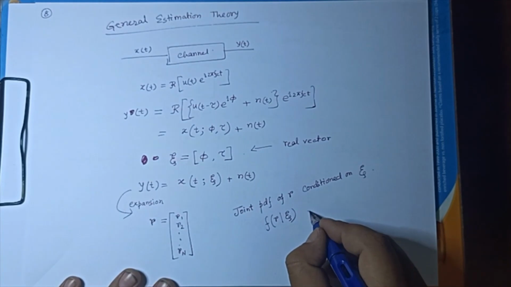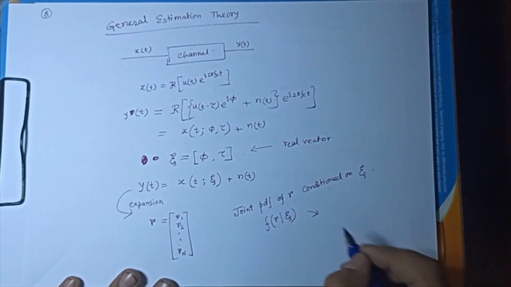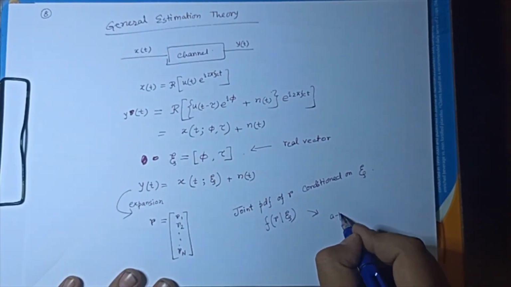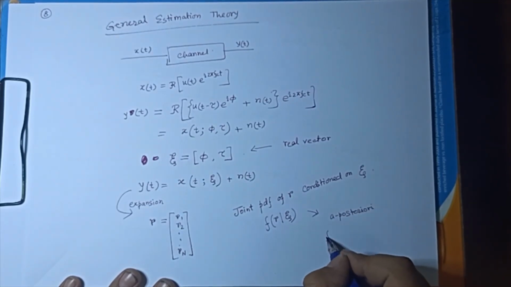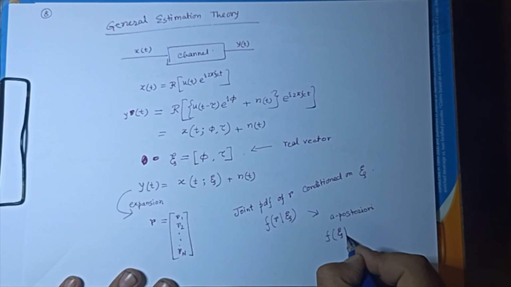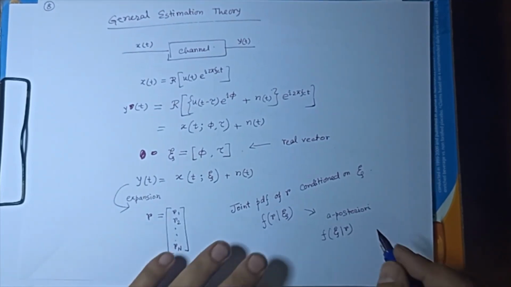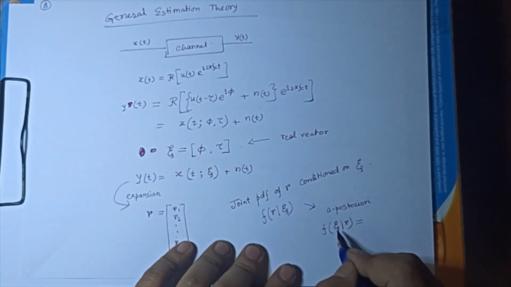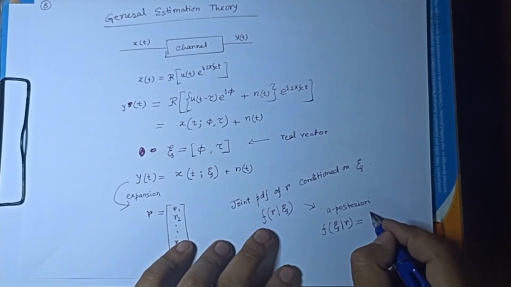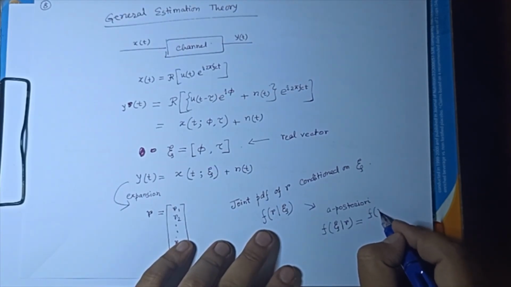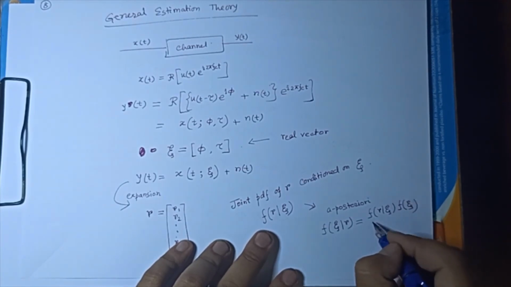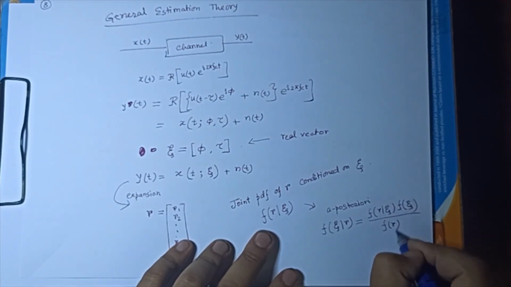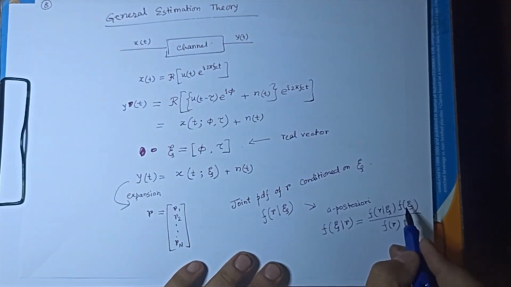So you can compute this likelihood, but you can compute the a posteriori as well, f of xi given R, because that is what I want to compute, right? MAP will be maximization of this. This can be computed from the Bayes rule, provided you know the prior distribution of xi.